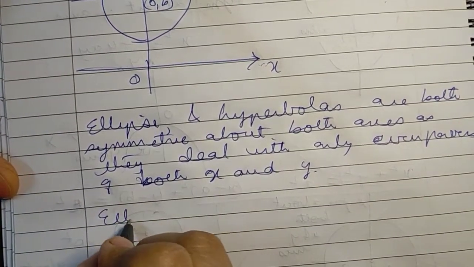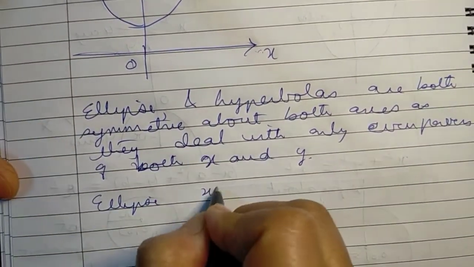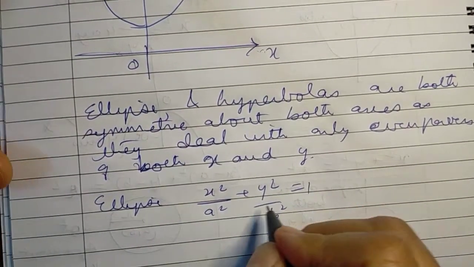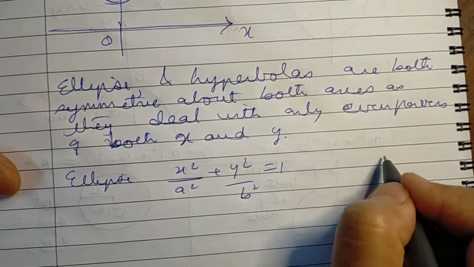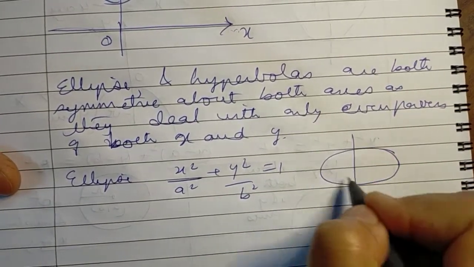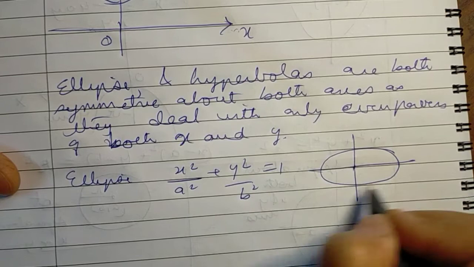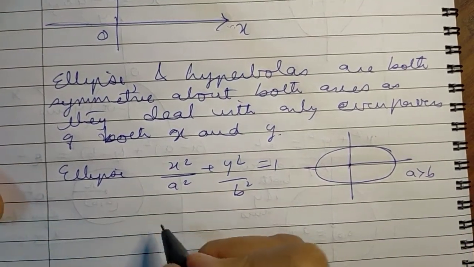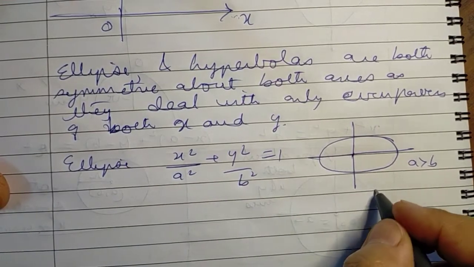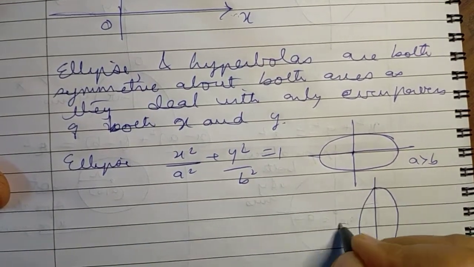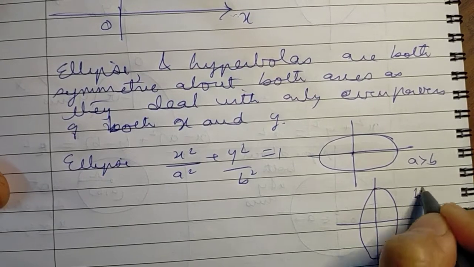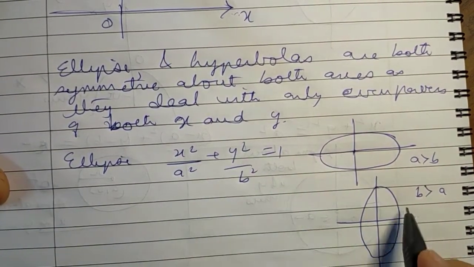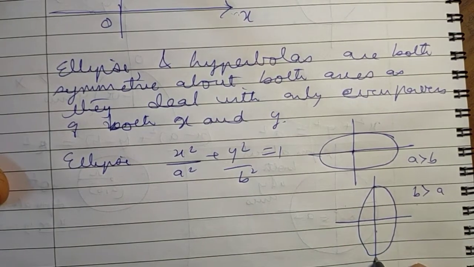The ellipse is something like x squared over a squared plus y squared over b squared equal to 1, where it is a horizontal ellipse if a is greater than b. If b is greater than a, that is the denominator of y squared is more than that of x squared, then it is a vertical ellipse.